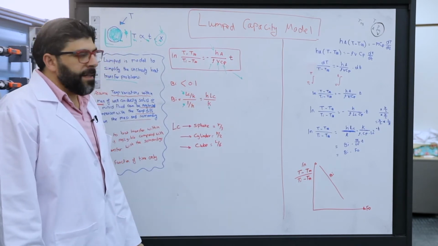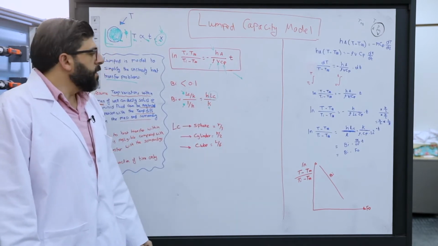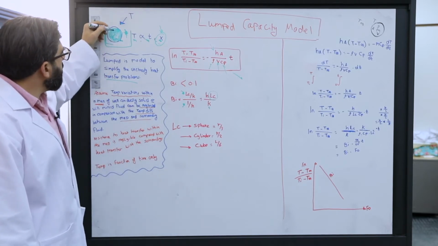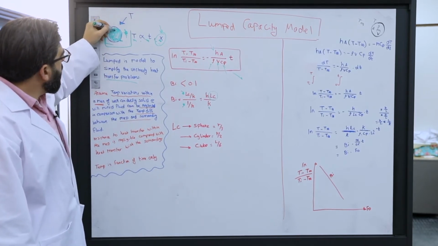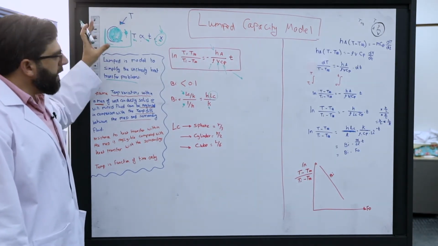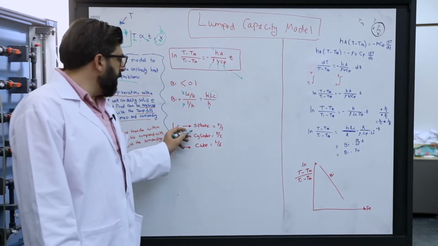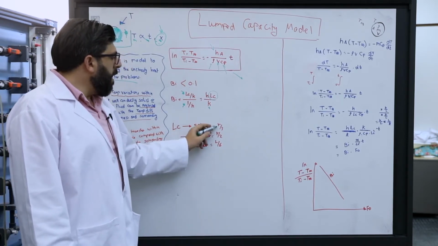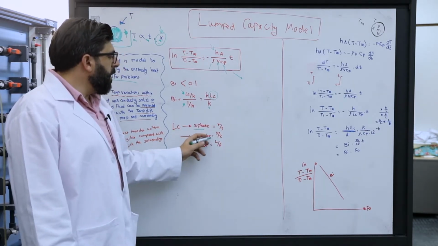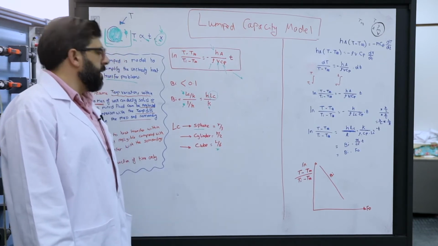Lc is the characteristic length, which for a body is the volume of the body divided by its surface area. For a sphere it will be R over 3, radius over 3. For a cylinder, R over 2. For a cube, L over 6.